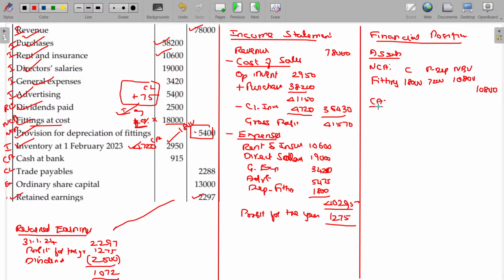Then under current assets, we have inventory 4720 and cash at bank 915. Total being 5,635. Overall value being 16,435.